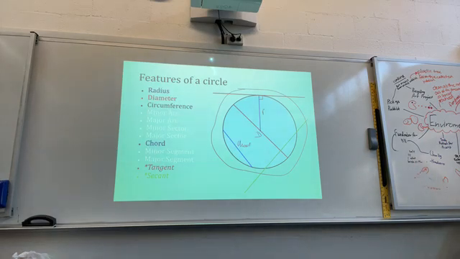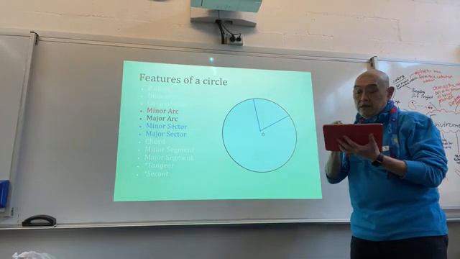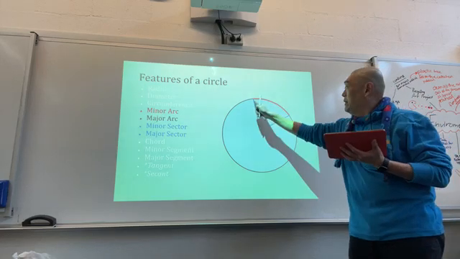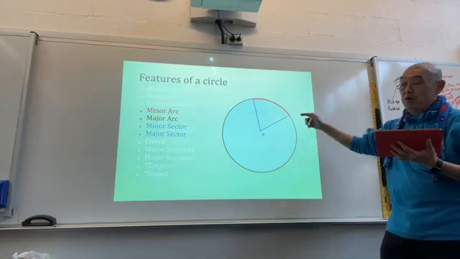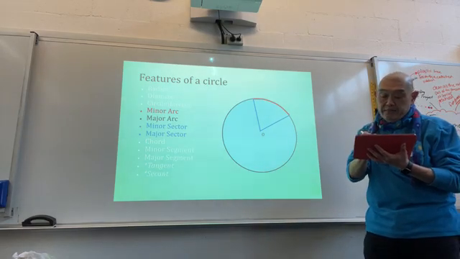Alright? Next, we talk about minor and major arc. Major and minor. What you need to think about is look at the angle. So this one will be the minor arc, whereas this big thing will be the major arc.